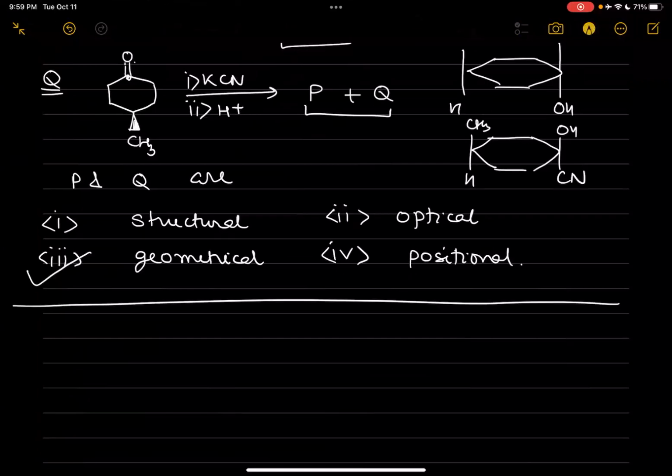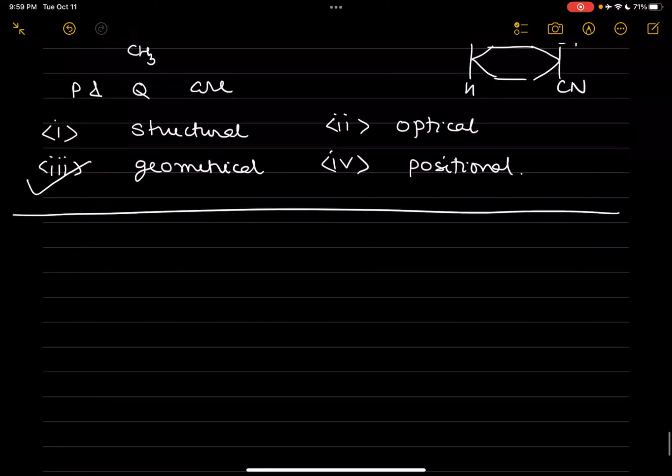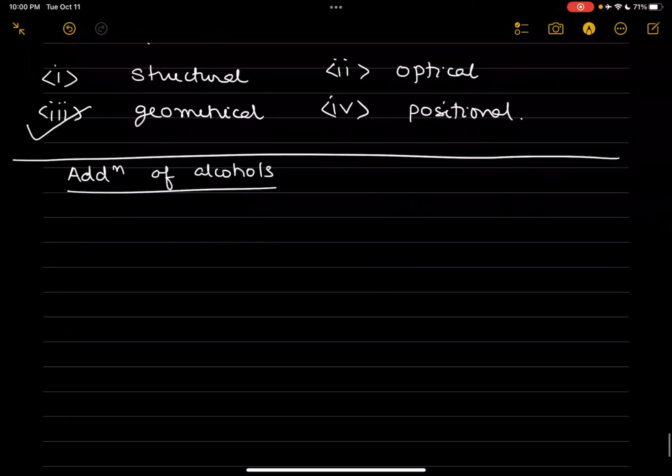Now we have the reaction with ammonia derivatives, which is the other nucleophilic addition. Reaction of Grignard we already discussed. And then addition of alcohols. So what do you get when you add alcohols on aldehydes and ketones?